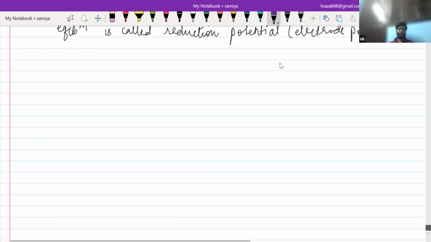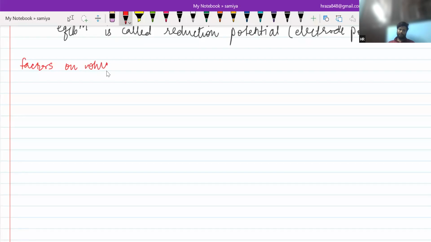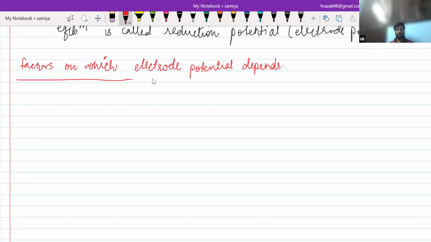Now see, write a topic first: factors on which electrode potential depends. So on which factors does it depend?